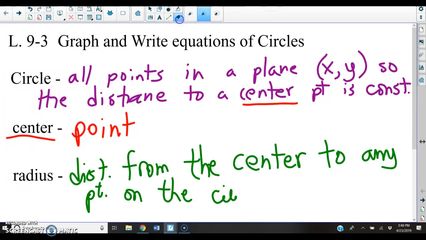So the distance from the center to any point on the circle is the radius.